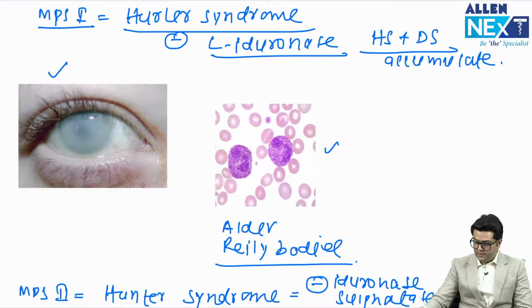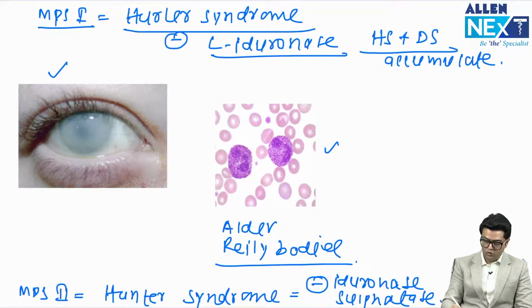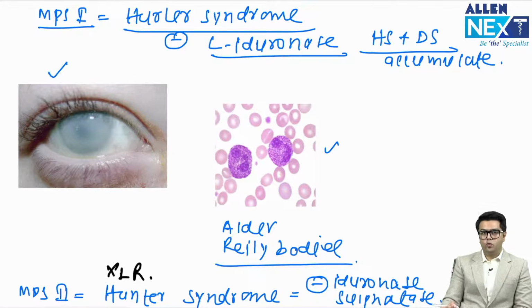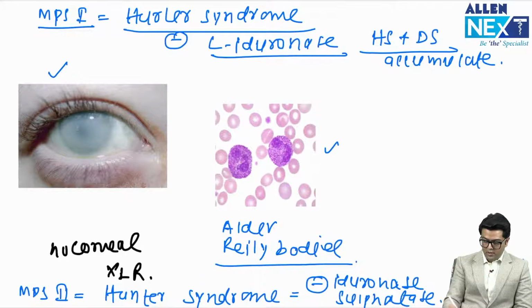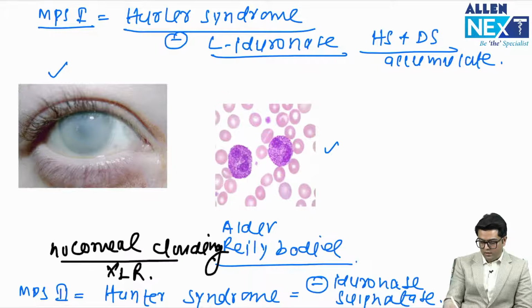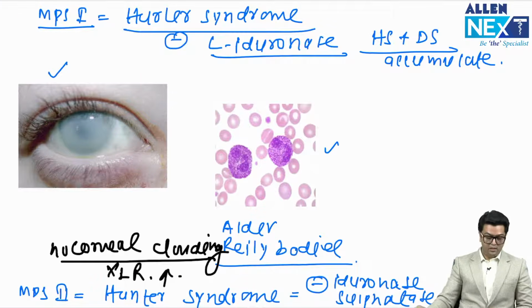This is the only MPS, Hunter syndrome, which is an X-linked recessive disease, so boys are affected, and there is no corneal clouding.